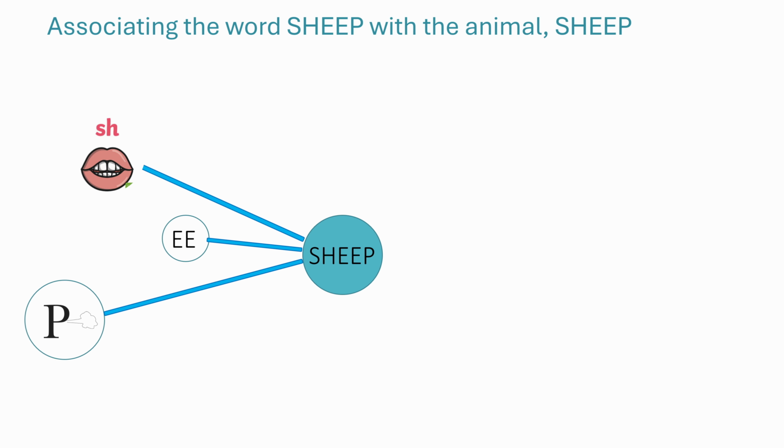First, you have to be able to form the word sheep. You've got the sounds, the E and P, so you can make the word sheep. There's a bit of linguistics here: how do we form that word? They all come together to make that word.